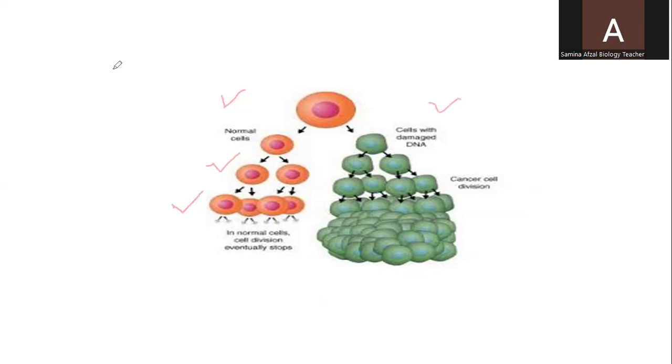They are a mass of cells which are dividing and redividing. Due to this abnormal division, the cancer cells can invade the other cells present around them. In this way, cancer is a disease which can lead to death. So the cancer can be recognized as a very harmful disease.